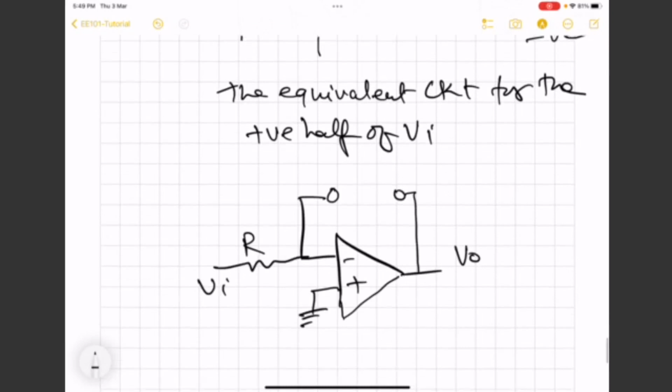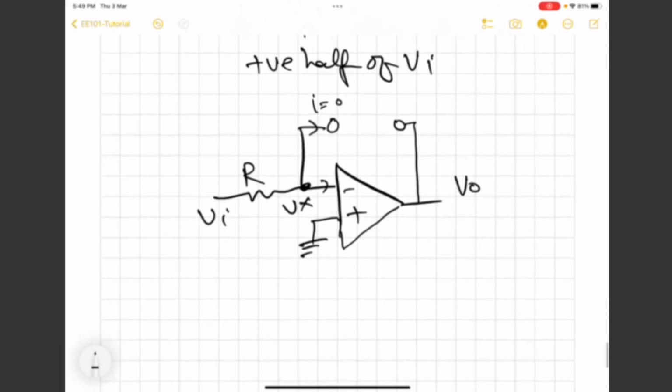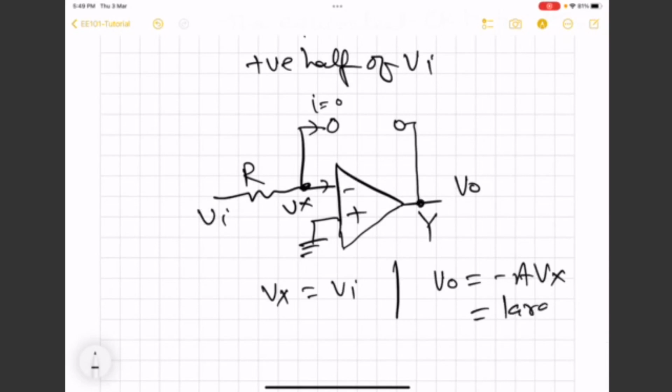So this is going to be open, and we know that there is going to be no current into the op-amp, and this current is also going to be 0. So this Vx voltage is going to be the same as Vi. And this Y node voltage will be determined by Vo equal to minus A Vx, and this is going to be large negative.